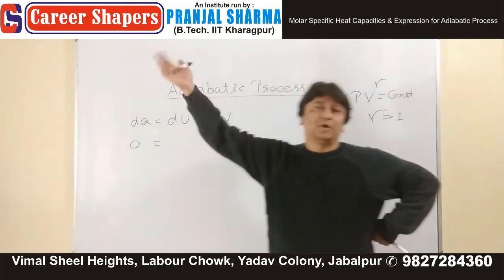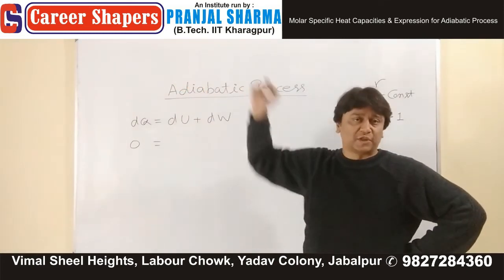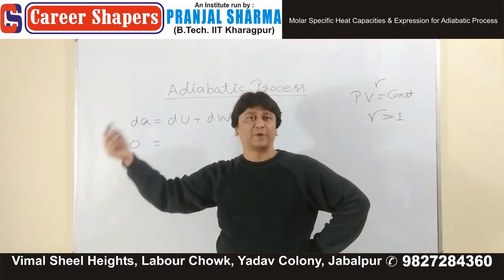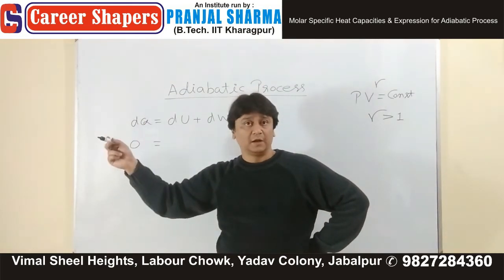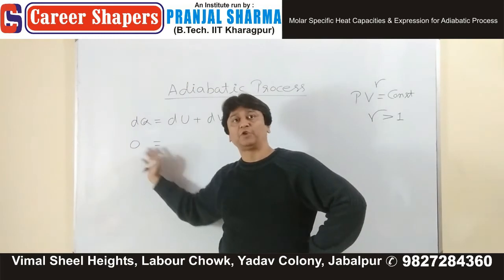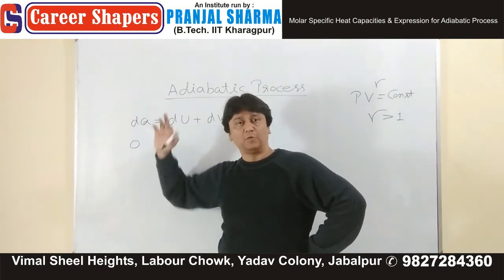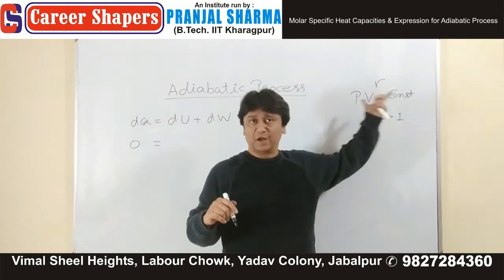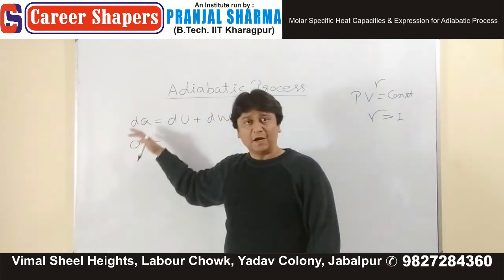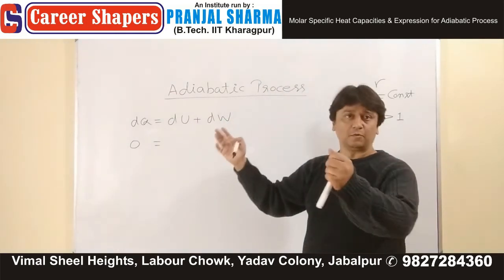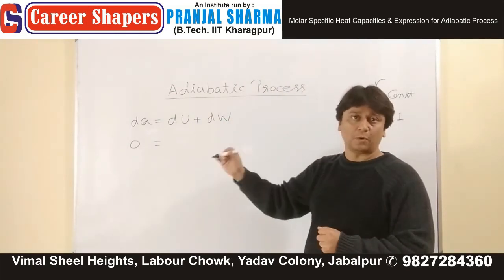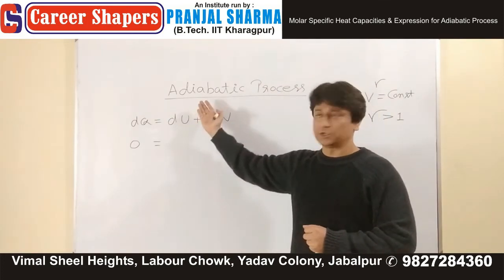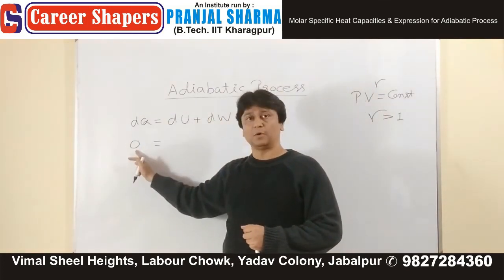Suppose for some other type of process, let's say they say that energy supplied is a function of temperature, 3T, then you will be using 3T type of thing here. That will give us a different type of function between P and V. Right now we have been told that a process where no heat transfer is done is called an adiabatic process. That means dQ is 0.